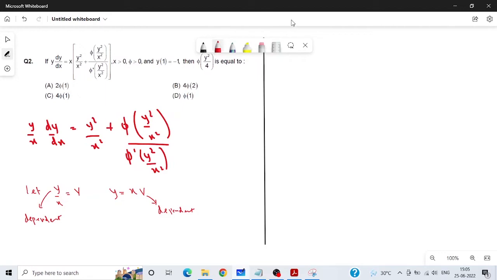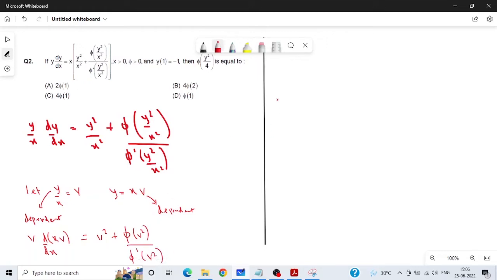Now let's substitute this in the above equation. We get v d/dx of (xv), since the value of y is xv, equals, after the substitution, v² + φ(v²)/φ'(v²).